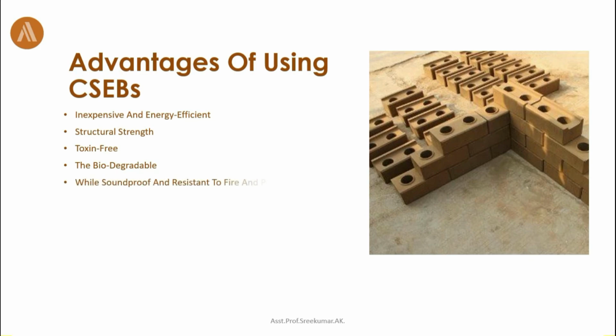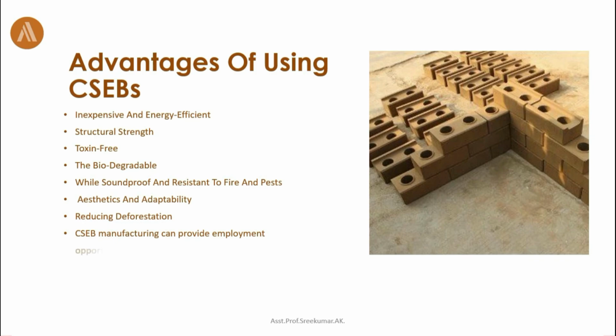It's soundproof and resistant to fire and pests. And it does well with aesthetics and adaptability. It also helps in reducing deforestation. Further, CSEB manufacturing can provide employment opportunities to people while inculcating social values in them.